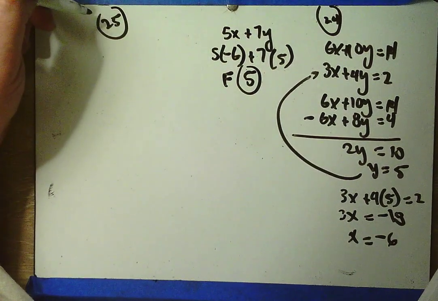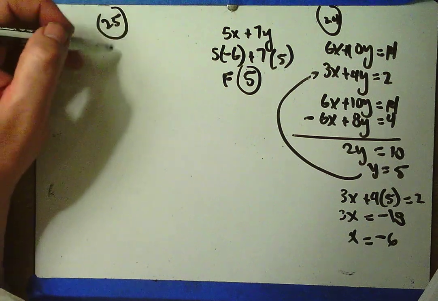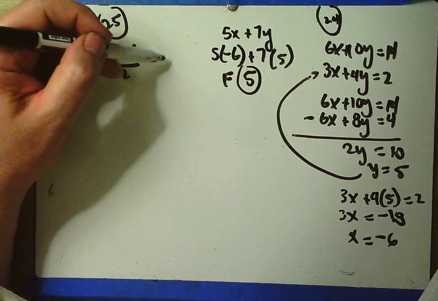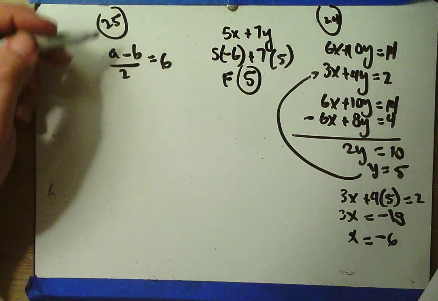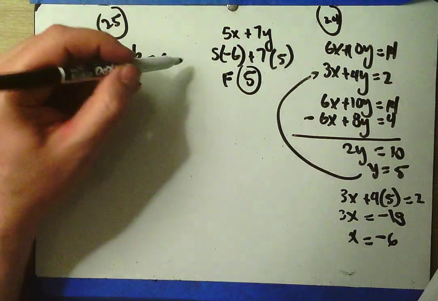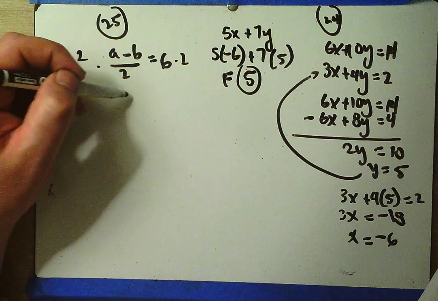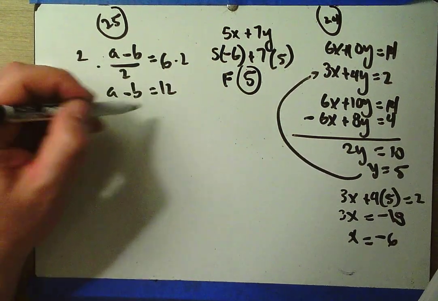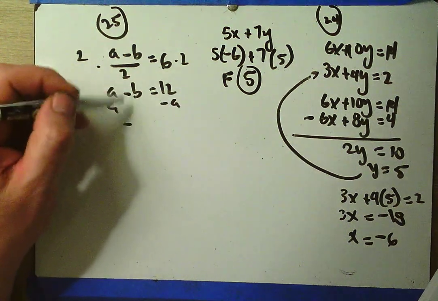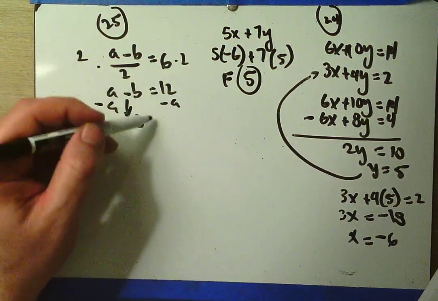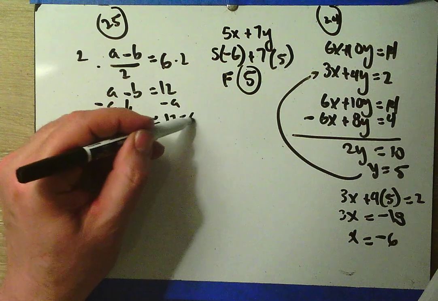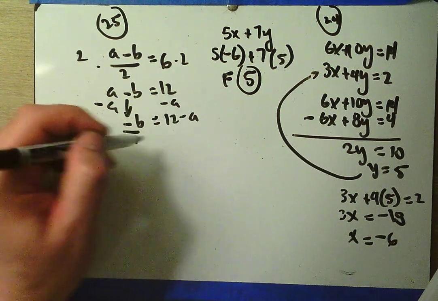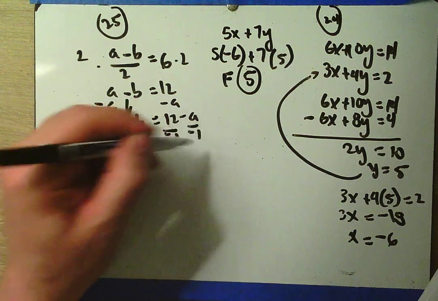25. Which of the following correctly solves the equation (a minus b) over 2 equals 6? Okay, so let's multiply both sides by 2. And I get a minus b equals 12. And if I subtract a from both sides, I get negative b equals 12 minus a, but I want to know what positive b is, so I better divide everywhere by negative 1.